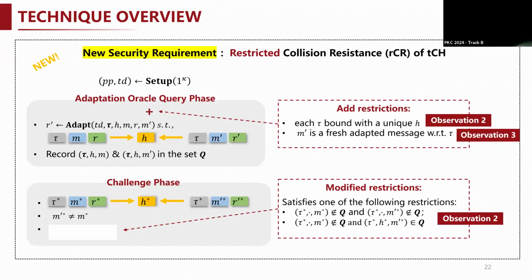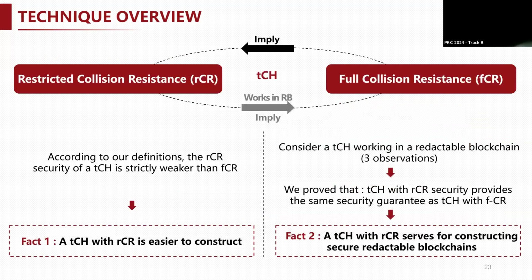Based on the above three observations, we finally arrive at a new security notion for tagged chameleon hash called restricted collision resistance, or restricted CR for short. Note that this restricted CR is strictly weaker than the full CR, since it puts more restrictions on the behavior of the adversary. Consequently, a tagged chameleon hash with restricted CR should be easier to construct.